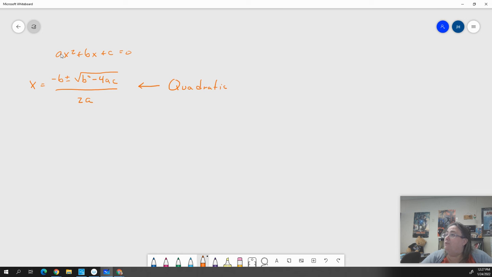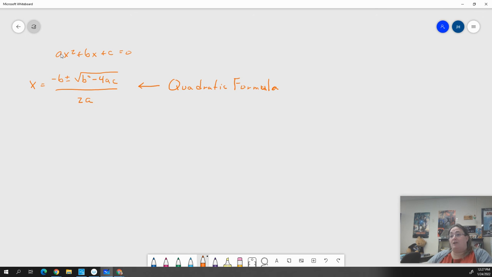And a while back, I told you that there are two things that will solve every single quadratic equation under the sun, right? One is completing the square, and the other is the quadratic formula.